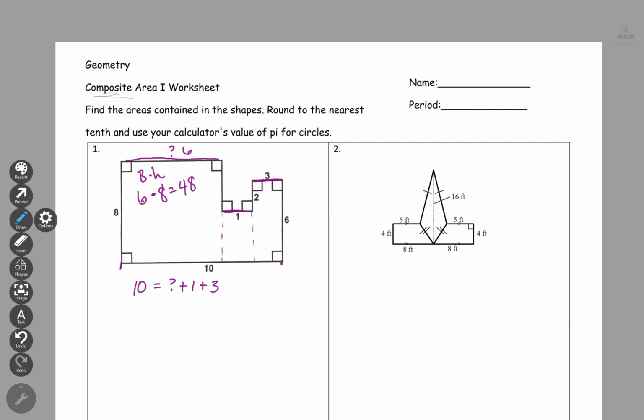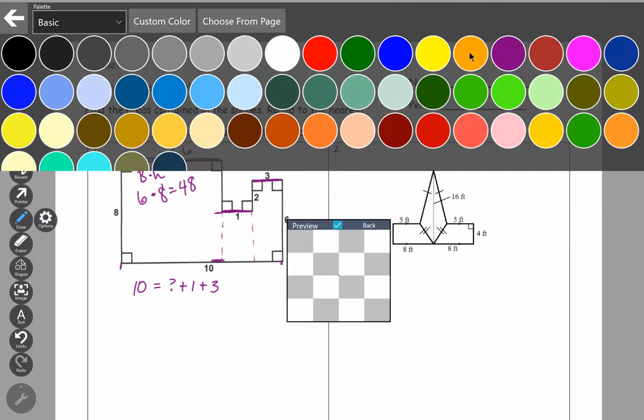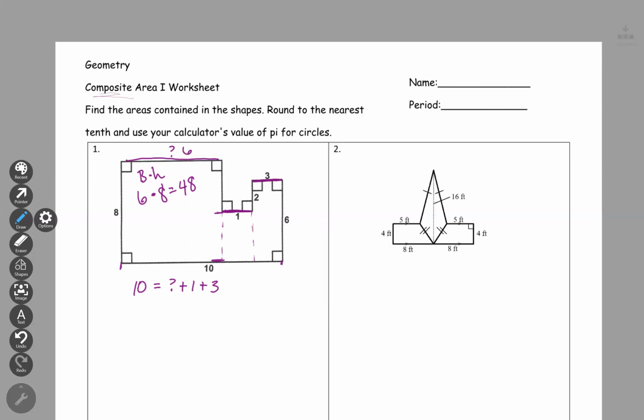Now this next rectangle, I see it's 1 wide, and now the height of it, okay, it's from here down to there. Again, I need to look at my vertical measurements this time. So I'm actually going to switch to a different color. This part here is 1 vertical part. And then the matching vertical part that I need is this 2.